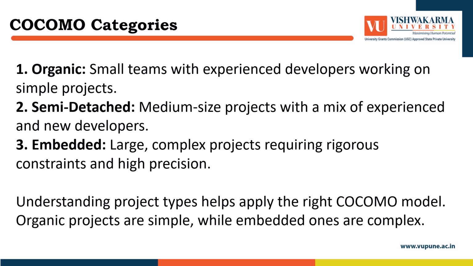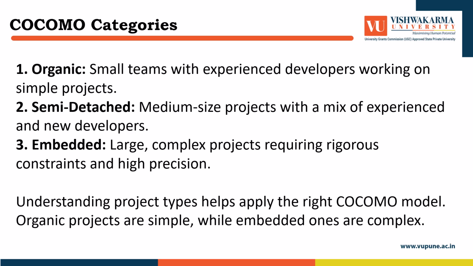COCOMO categories. COCOMO also classifies projects into three categories. First, organic projects. These are small projects where teams work on relatively simple software systems. The team is experienced and the requirements are well understood. Second, semi-detached projects. These are medium-sized projects with a mix of experienced and less experienced developers.